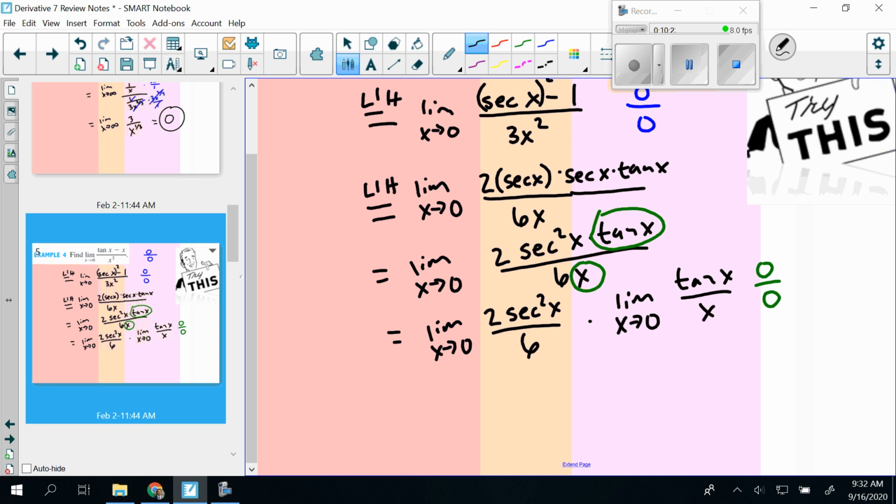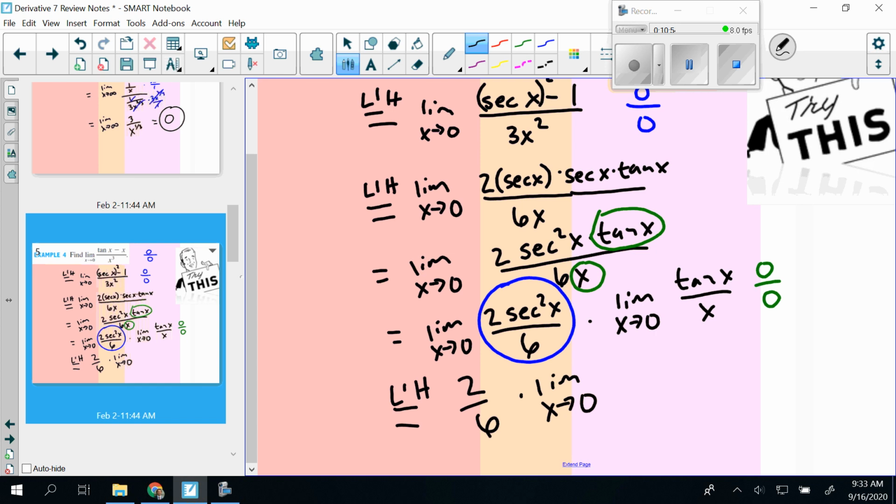So we're going to have a limit as, actually, let's just do this here. We got L'Hopital's. Let's actually just figure out this part, which we should be able to figure out. If we plug 0 in there, it's just going to equal 2/6 times. Now let's apply L'Hopital's to this.